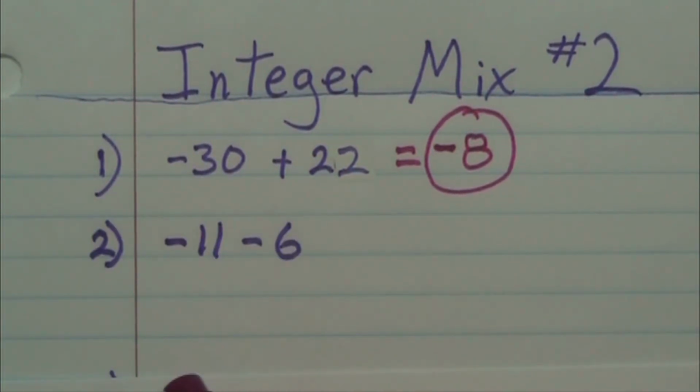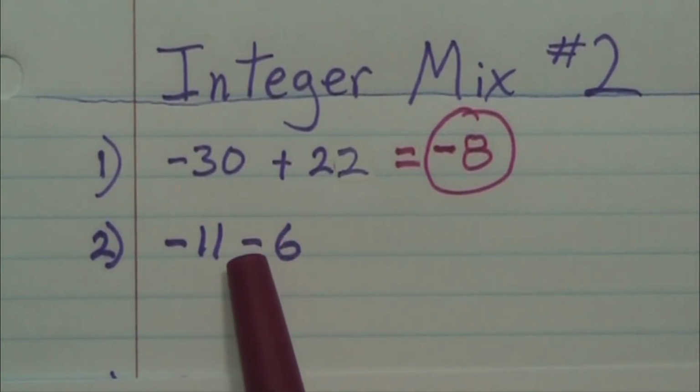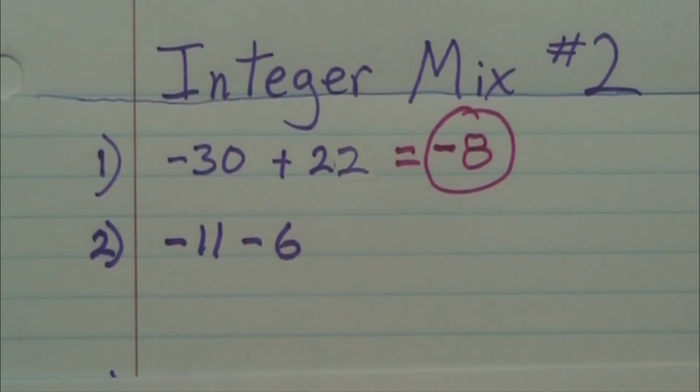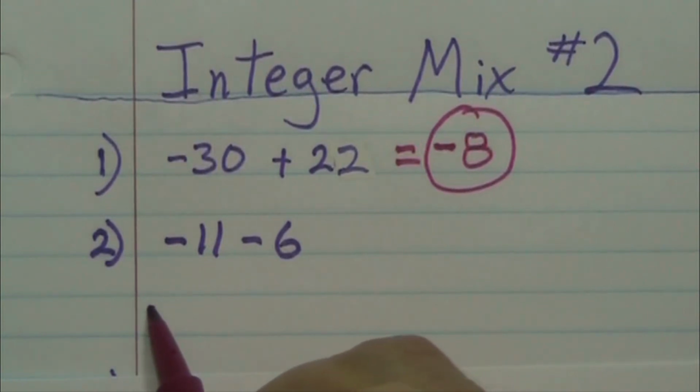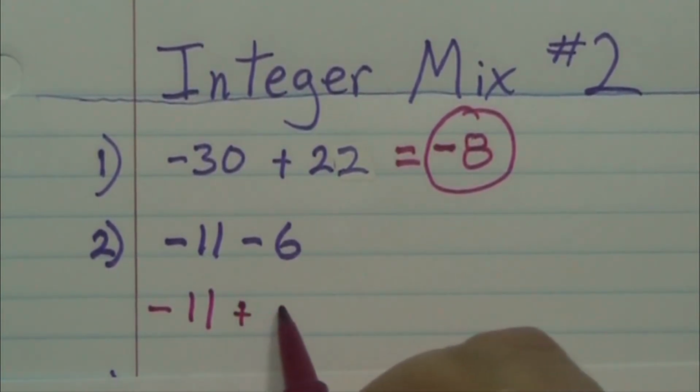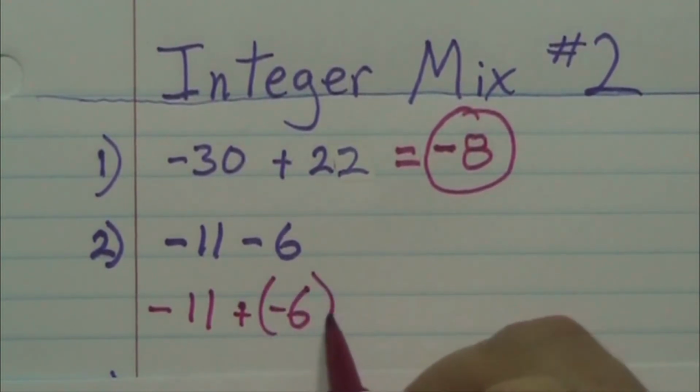Number 2, we have negative 11 minus 6. Now I could rewrite that. I could say negative 11, and I could say plus negative 6. It's the same thing.